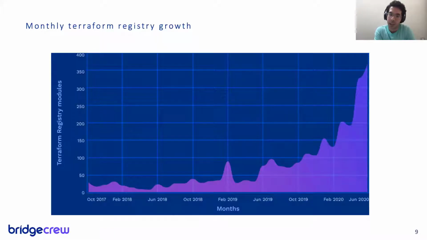So what we see here in this slide is the trend and the contribution phase of new open source modules to the Terraform registry, and it's skyrocketing, which is good for Terraform, and it's good for us because it's more open source code that makes us not repeat ourselves. And here during this period, that's COVID.